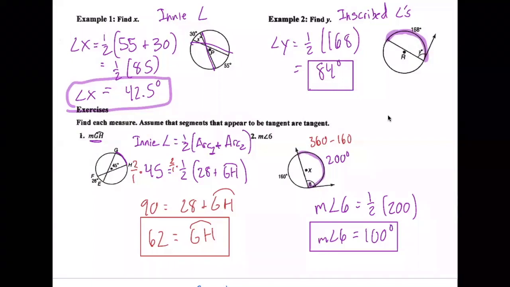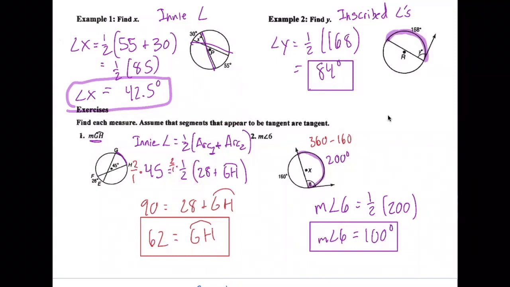So basically, here's your formula. Your any angle, the one that's inside the circle, is just 1/2 of the two arcs that it intercepts. I like to remember it's a plus sign because it's like a cross. And it's basically working backwards and solving for GH. Math savvy move, I hope you got rid of the fraction first.